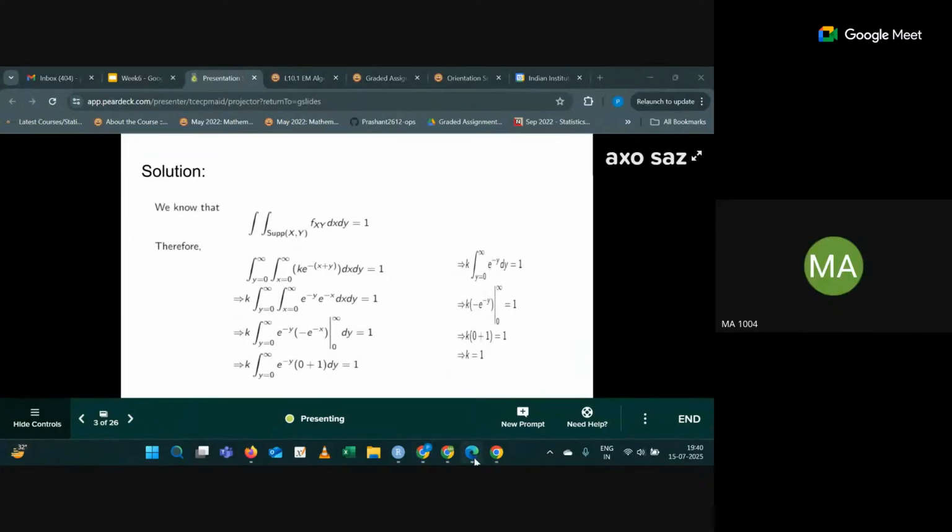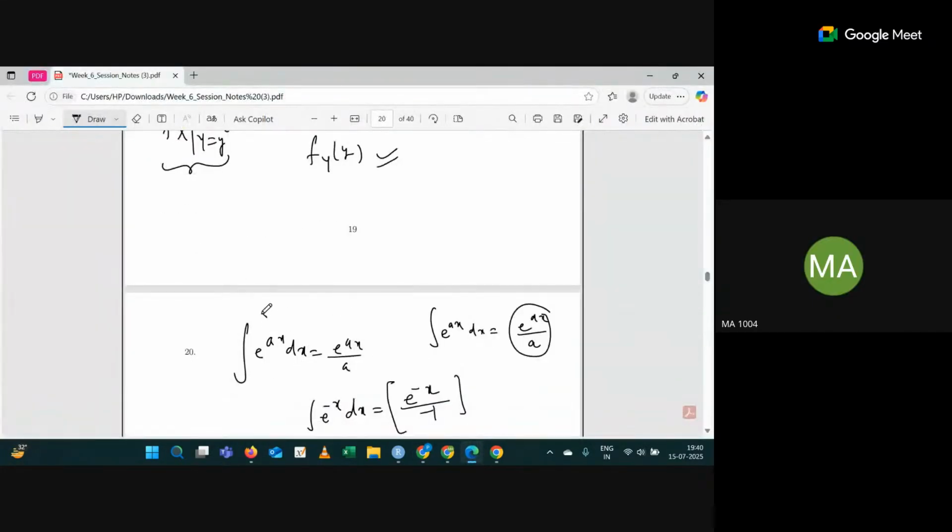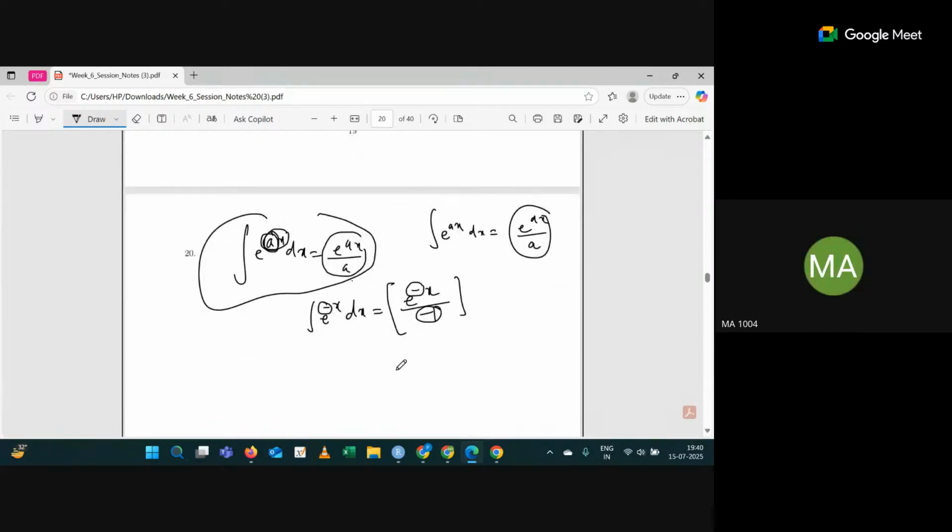Yeah, so what is a here? Here I'm saying e raised power ax dx is e raised power ax divided by a. Instead of a, you have minus 1, so a is minus 1. Understood? If you have e raised power x dx, if you integrate, you will get e raised power x only.